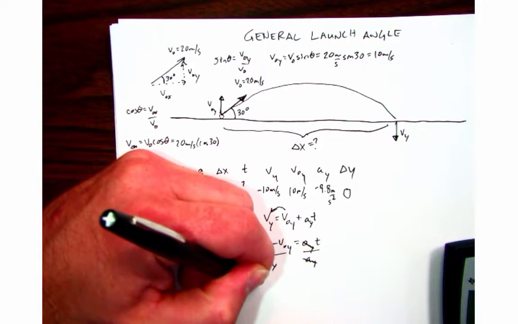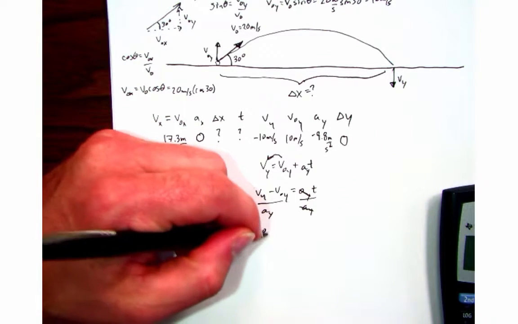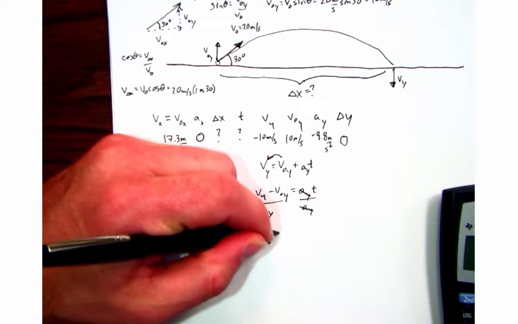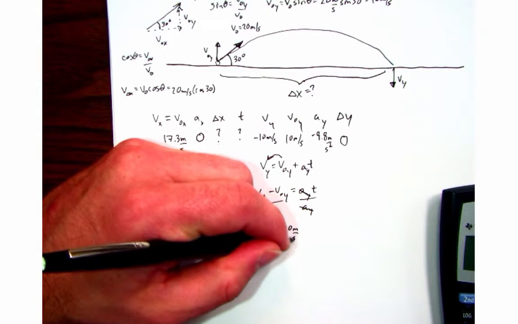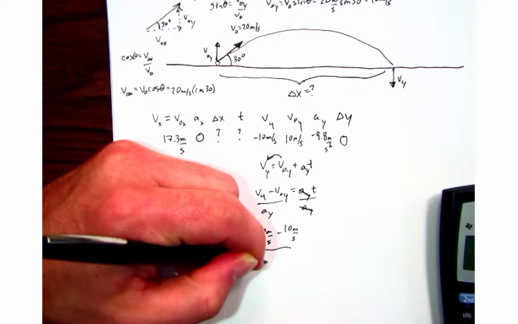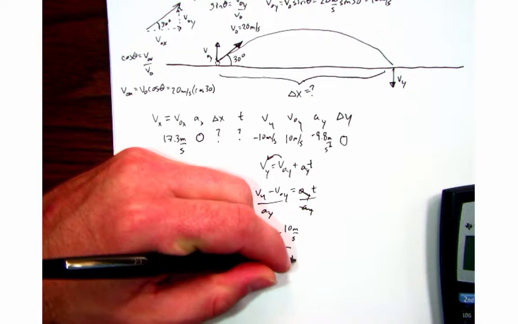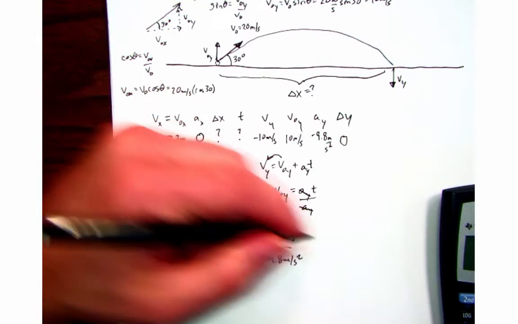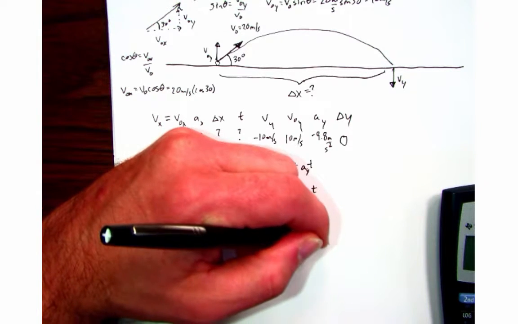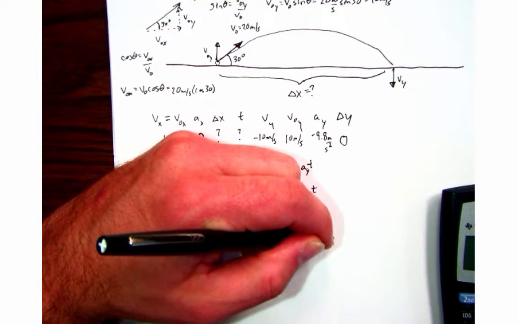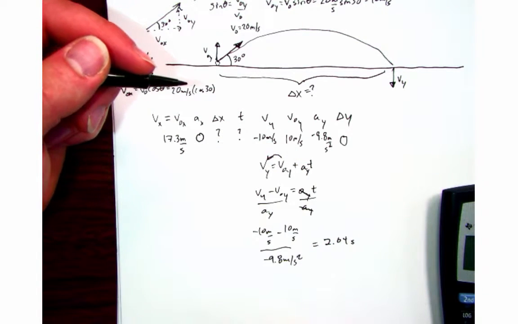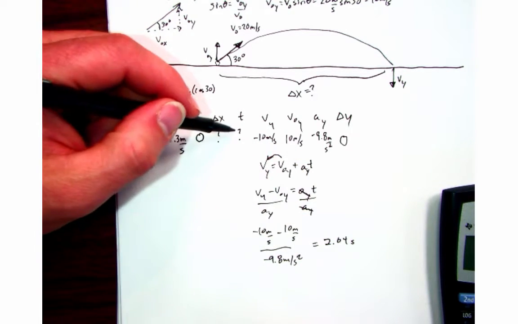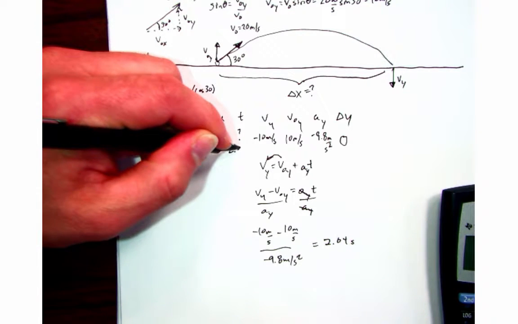Vy is negative 10 meters per second minus V naught y, which is just 10 meters per second, all over negative 9.8 meters per second squared. I do the math and I find that that comes out to be 2.04 seconds for time. So that's going to go up to here. Let's write 2.04 right there.